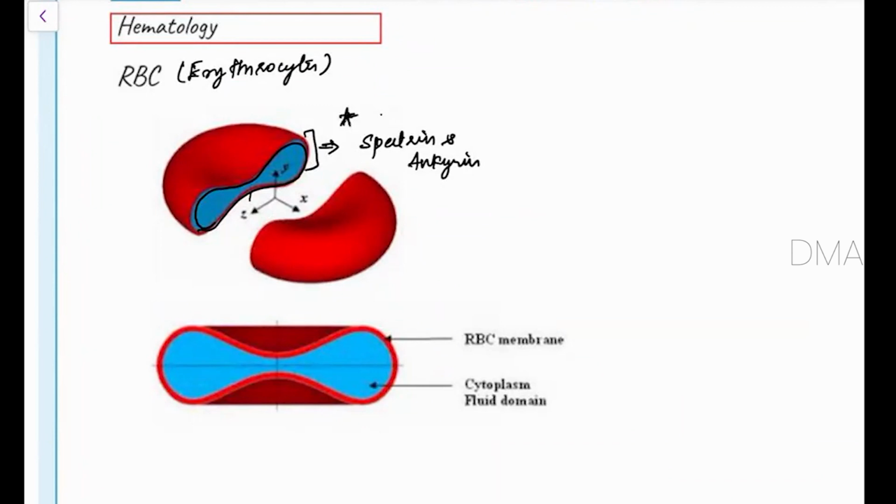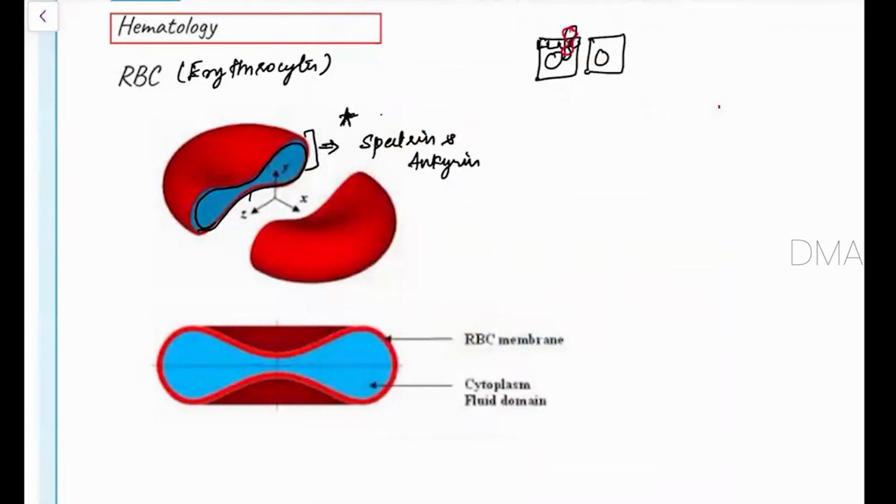Okay, so this shape helps the RBC to squeeze in between the cells. For example, this is a cell and this is another cell, and you have the cell membrane. The RBC has to penetrate in between the cells.